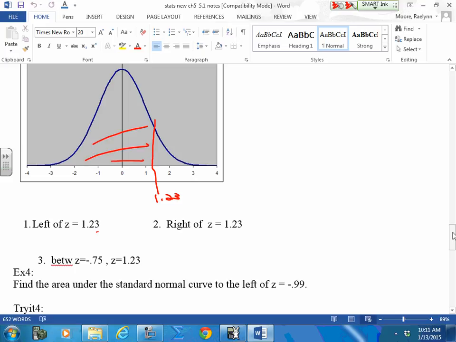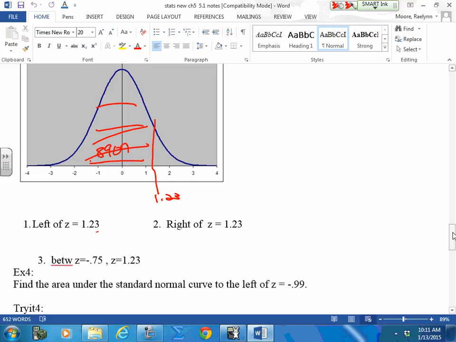I want the area to the left. Is it going to be less than 50% or more than 50%? More. So now, area to the left, I look up on my table. So look up 1.23. 8907. Did everybody get this? That makes sense, doesn't it? It's a big chunk of your curve.